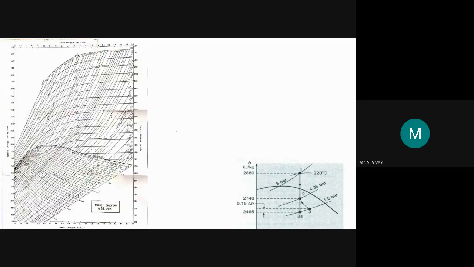For these three stages, I'm going to find out the steam properties, that is enthalpy, using the Mollier chart. The inlet pressure and temperature are 8 bar and 220 degrees Celsius.